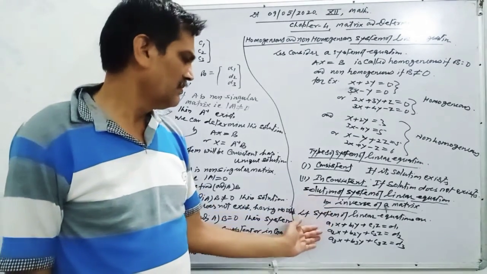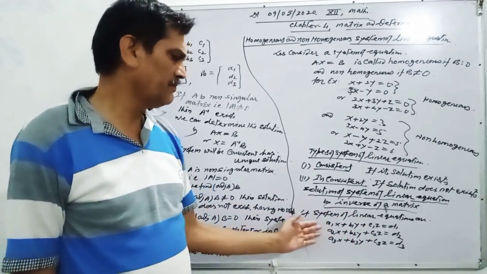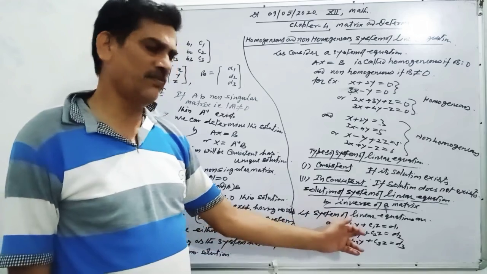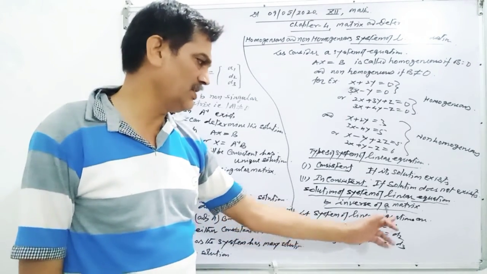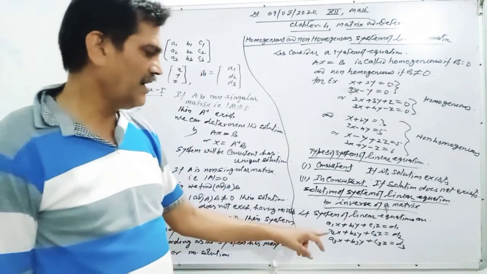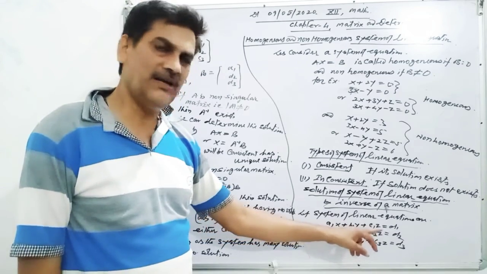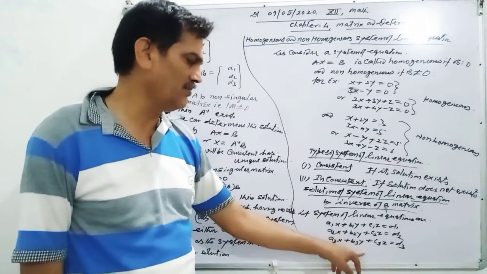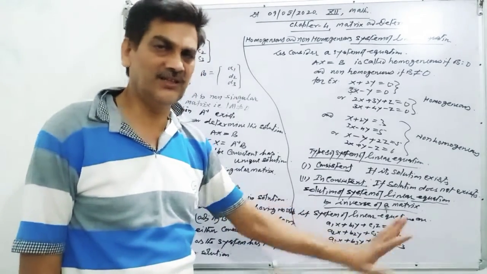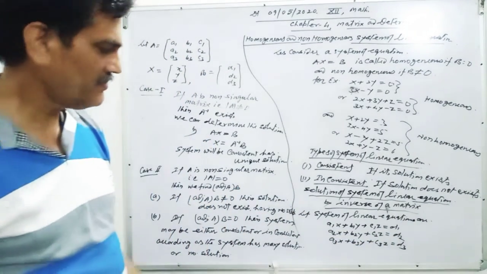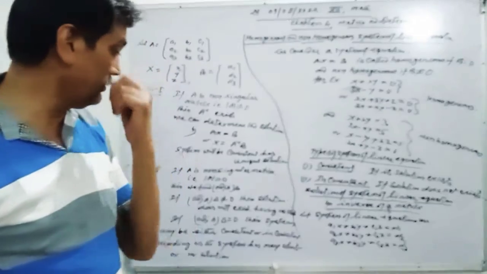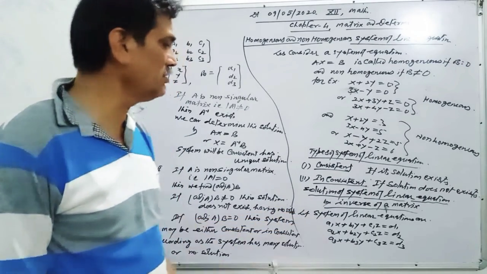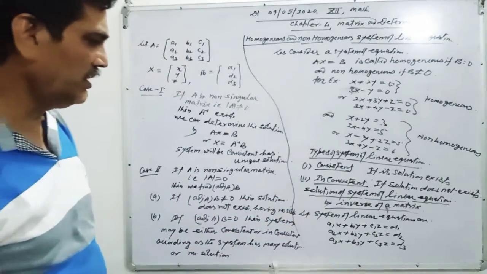Consider linear equations a1x + b1y + c1z = d1, a2x + b2y + c2z = d2, a3x + b3y + c3z = d3. So these are linear equations, non-homogeneous. Why?